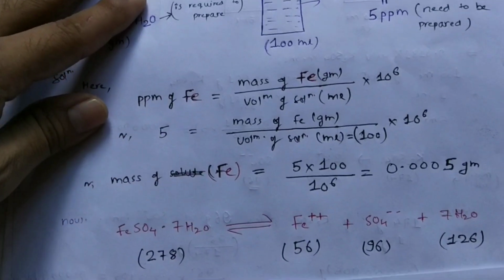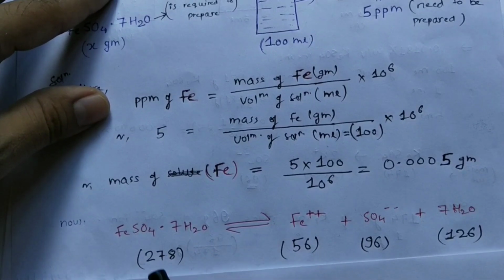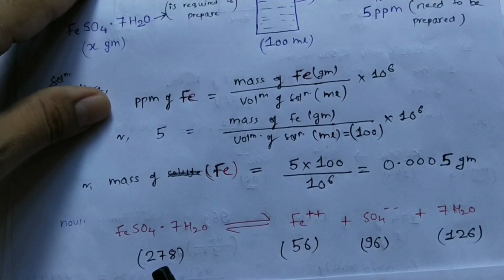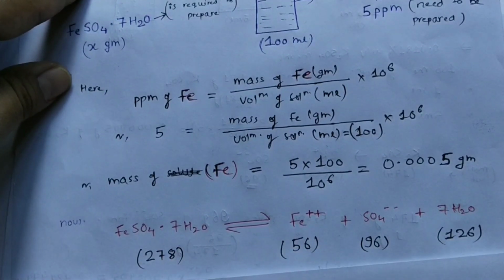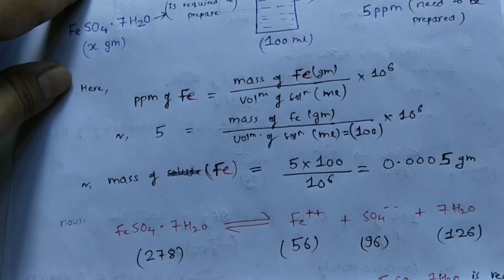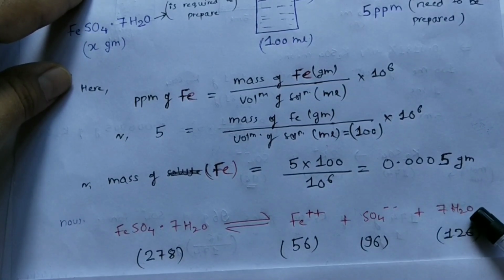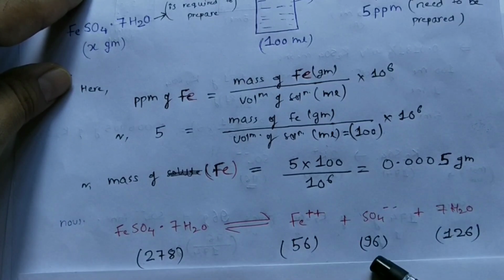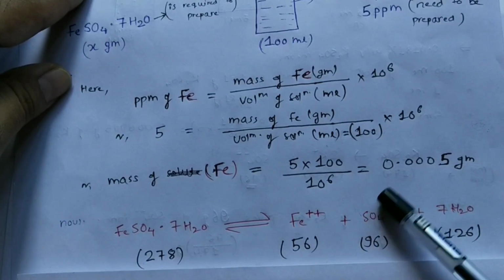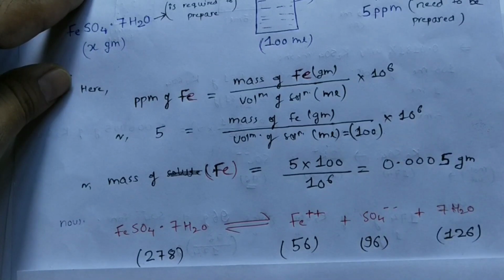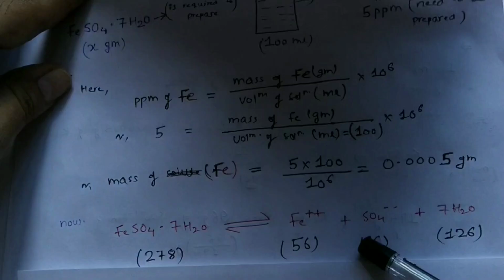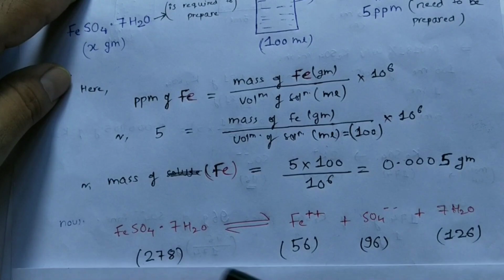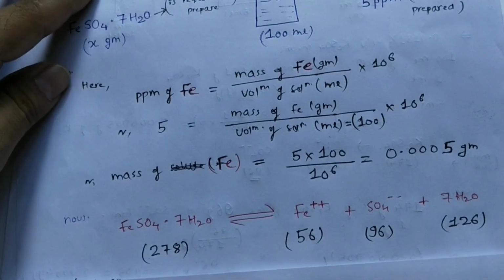The molecular weight of FeSO4.7H2O is already given, 278. So how do you find the iron? Suppose you don't know it, then you can easily find the molecular weight of 7 water, then find the sulfate, oxygen 16 into 4, sulfur also, and you will get 96. Then just subtract 126 and 96 from the total 278 and you will get 56. No need to memorize the molecular weight of iron.